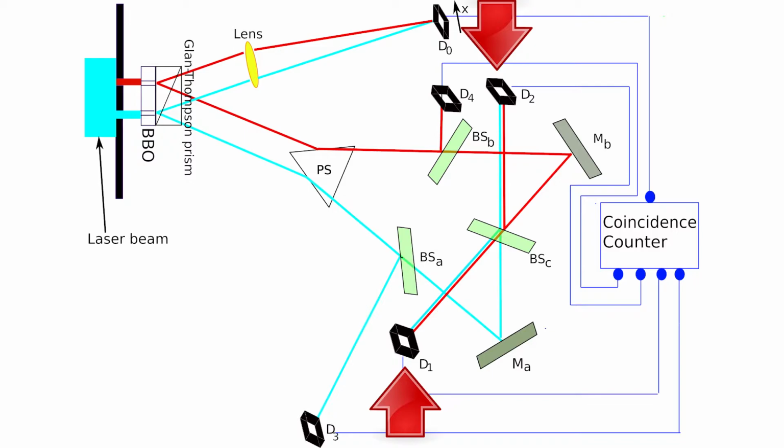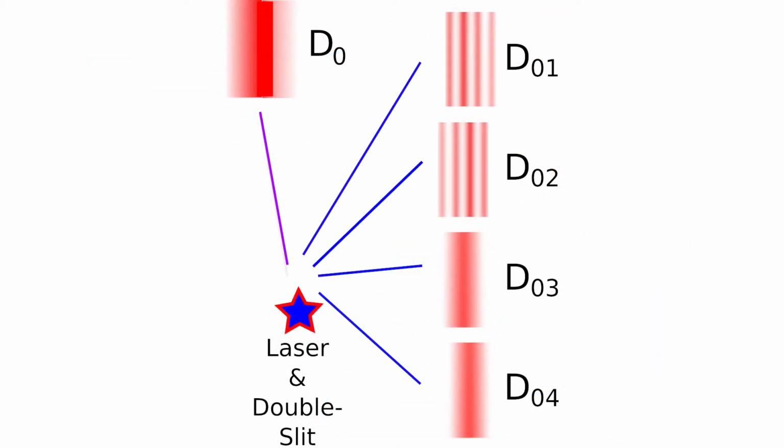You can probably guess at this point, if you backtrack the photons that hit D1 and D2 to their entangled pairs that hit D0, you do see a double slit interference pattern.